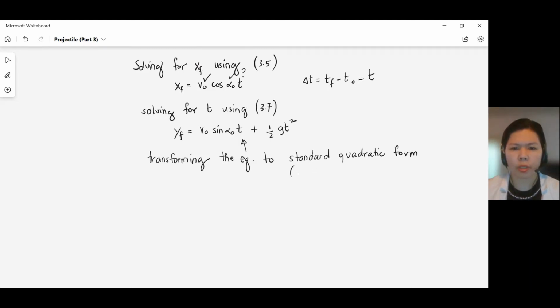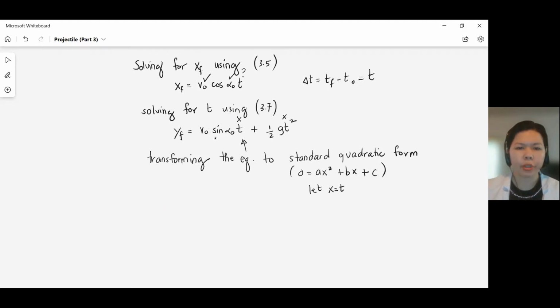Standard quadratic form is 0 equals ax squared plus bx plus c. Here we let x equal t. So we transform this now to standard quadratic form by equating it to 0.